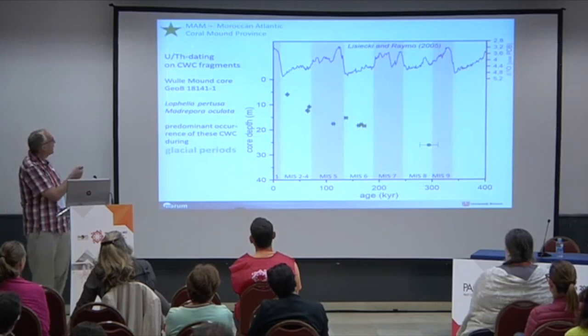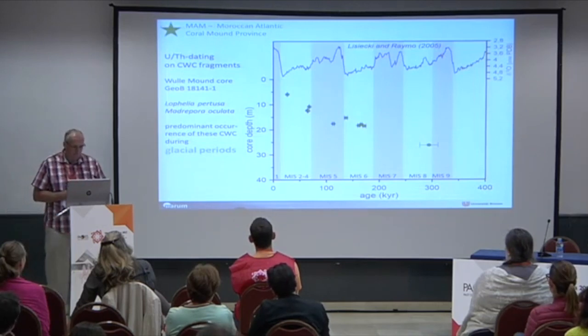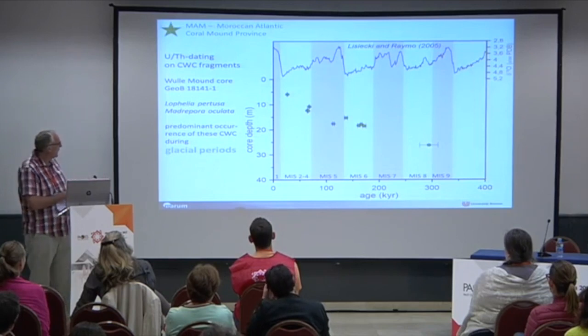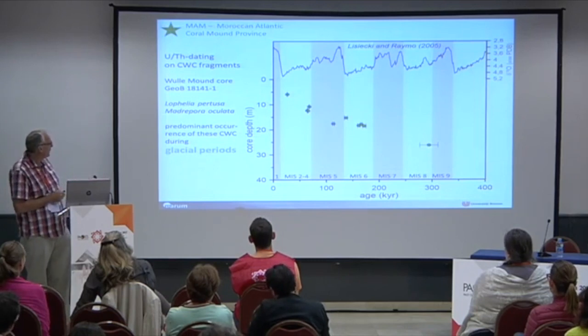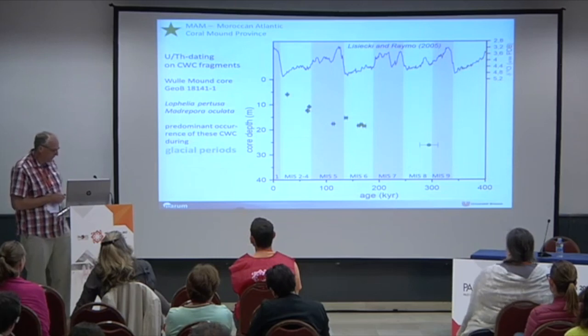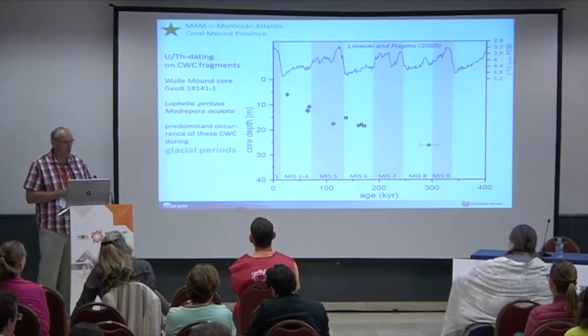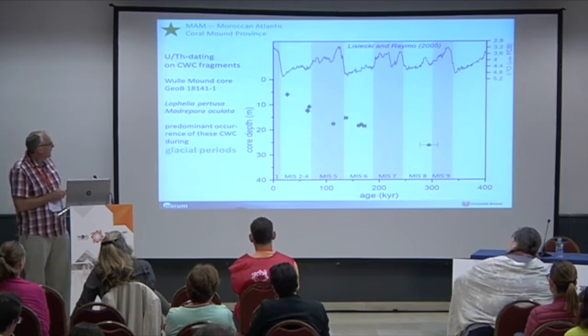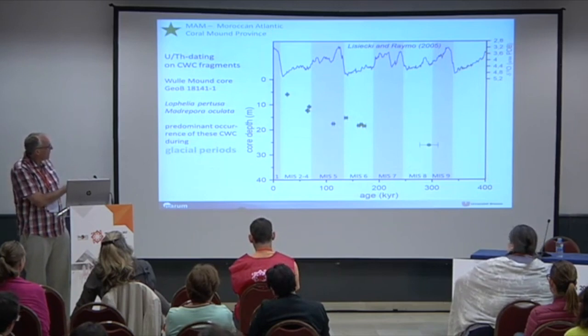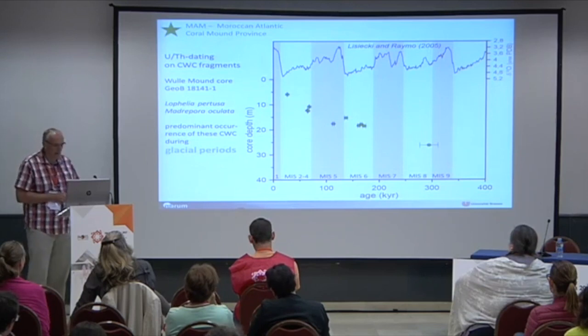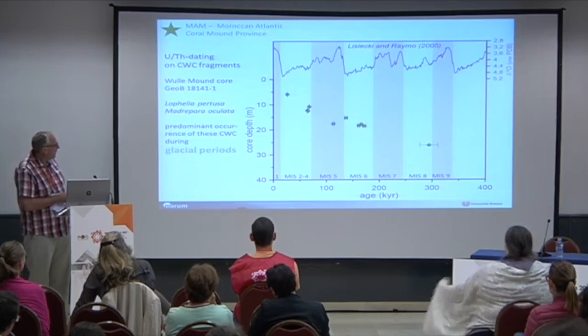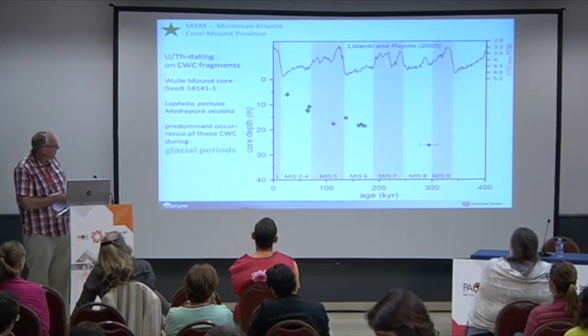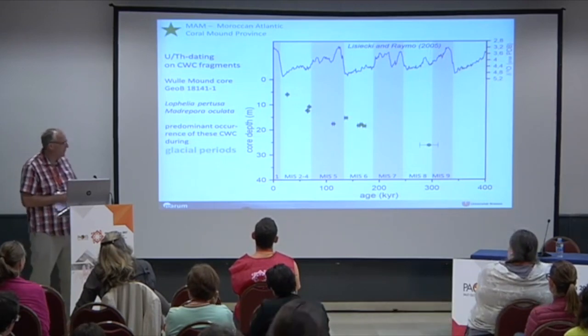That's now, again, the western part, the Atlantic part. And we did the datings on two species, mainly Lophelia pertusa, but also some on Madrepora oculata, which usually occur together. And you see here the data: that is the core depth, that is the age, and in this violet color the interglacials are indicated. And you see that we have a predominant occurrence of these cold water corals during the glacials.